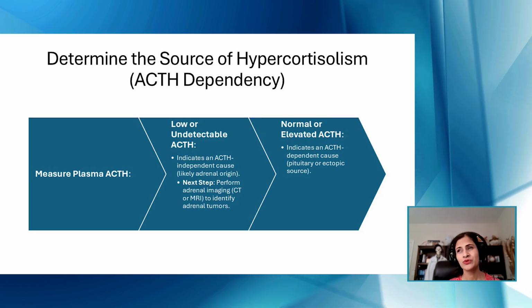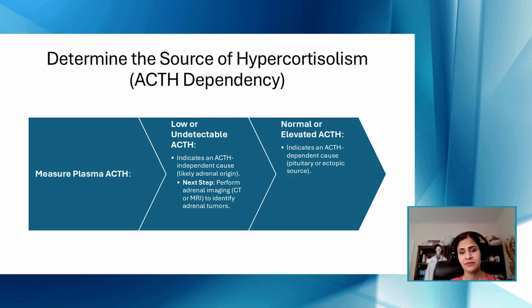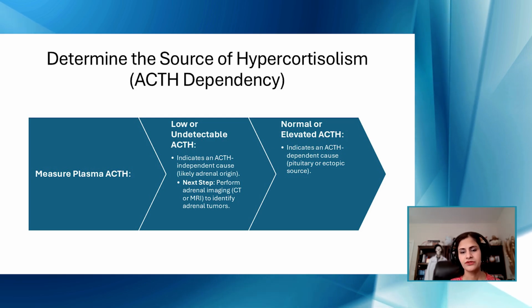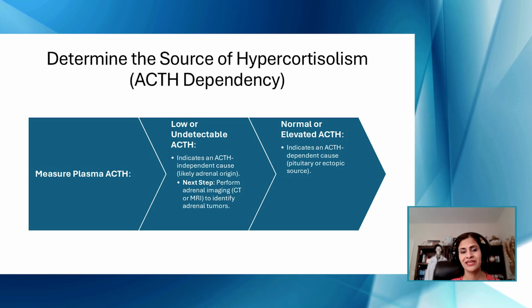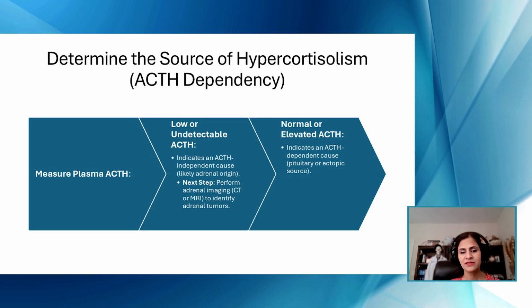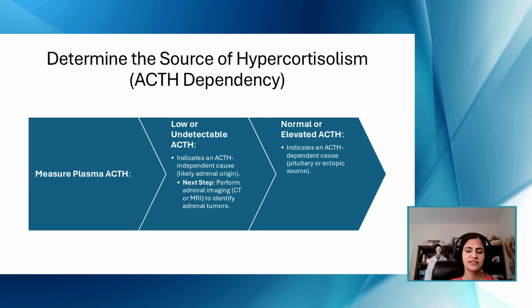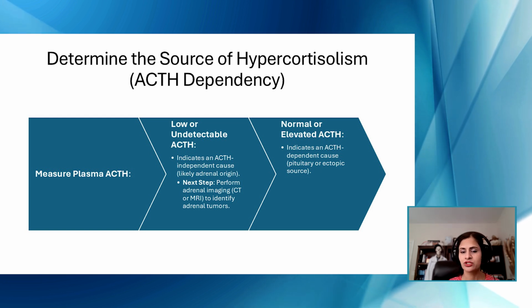Because once you determine that somebody has hypercortisolism, the next step is to determine the source. And you do that by first measuring plasma ACTH. If you have a low or undetectable ACTH, this indicates an ACTH-independent cause, likely adrenal. So you move away from the pituitary gland and focus the rest of your testing and imaging on the adrenal gland.